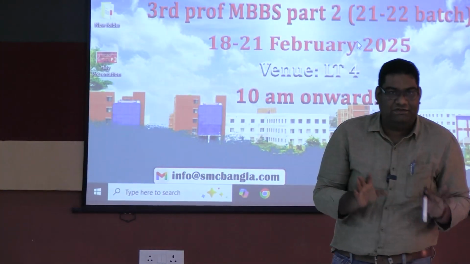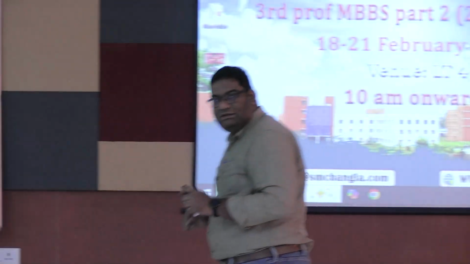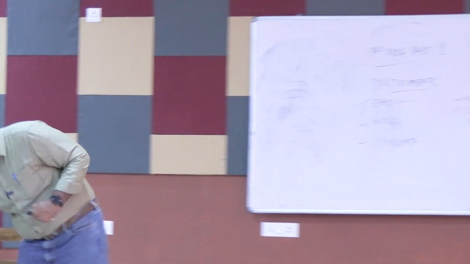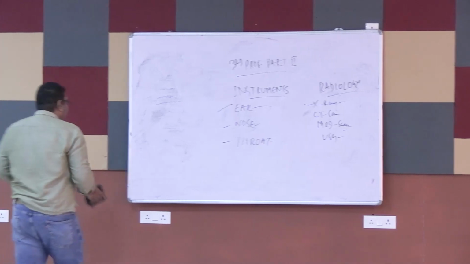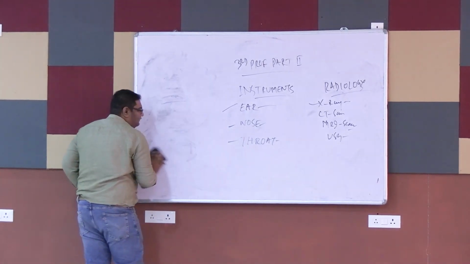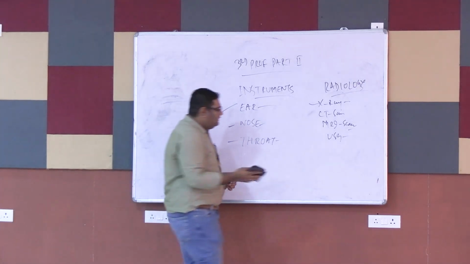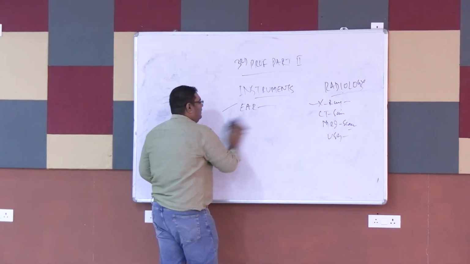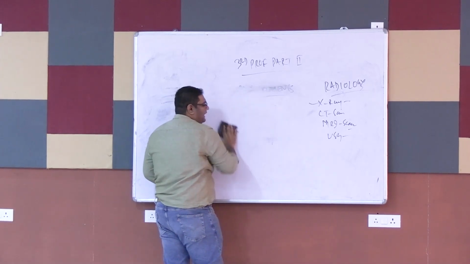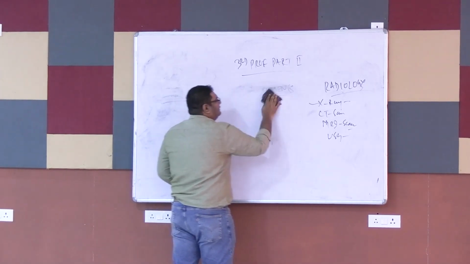How to see a patient with some specific complaints, right? So in this specialty of subjects, we will learn about few symptoms, about few diseases about your ear, your nose and your throat, and little bit of your head and neck, right?